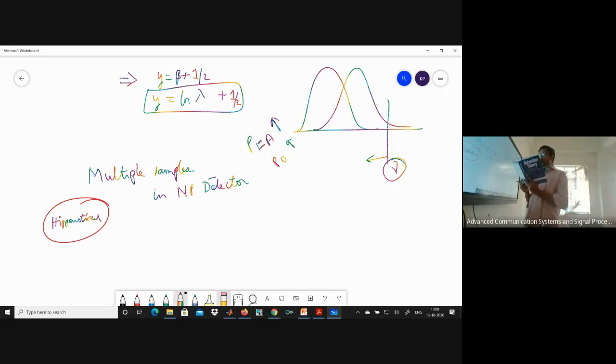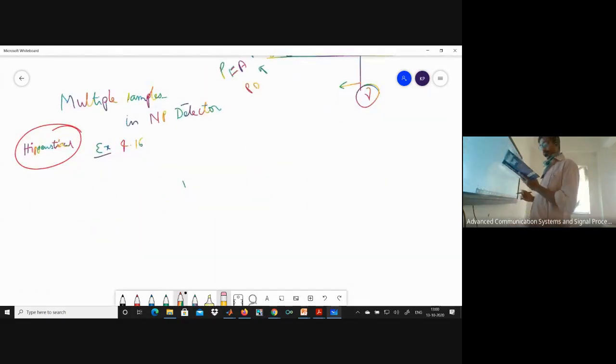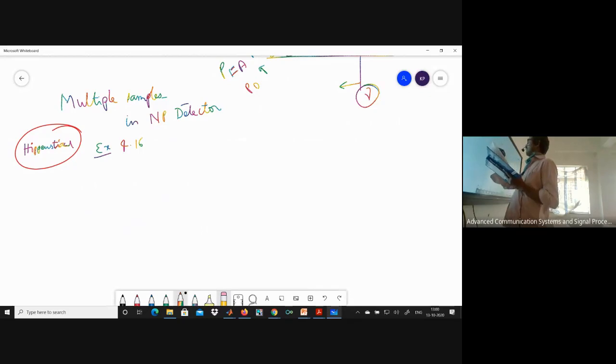Okay, the problem goes like this. Under no signal condition, actually this is linked to problem 1.5, example 4.15 and 4.16.